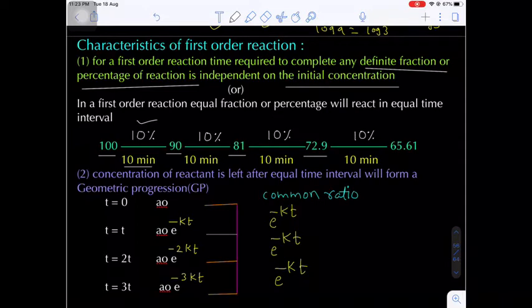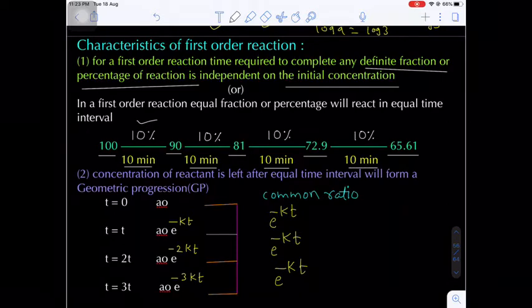From the 72.9, again 10%, that is 7.29, will be completed, and the left will be 65.61. In each step 10% is completed and the time interval is also equal: 10 minutes, 10 minutes, 10 minutes.